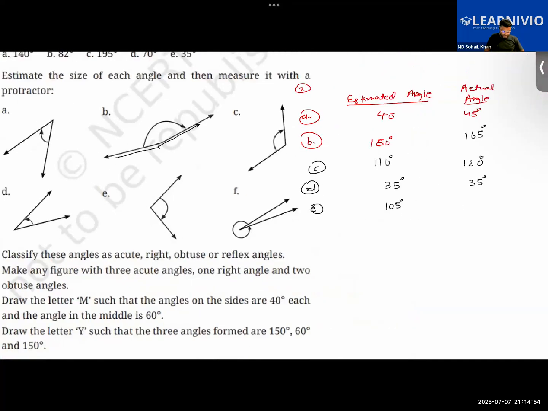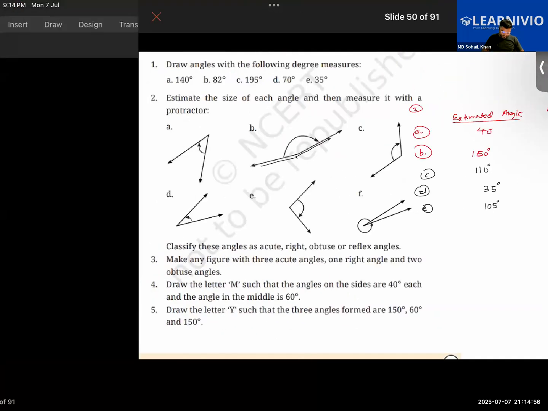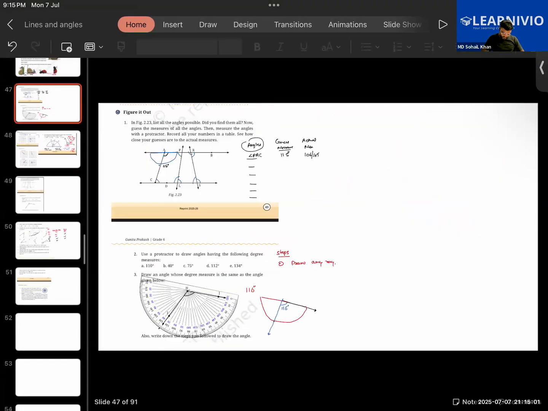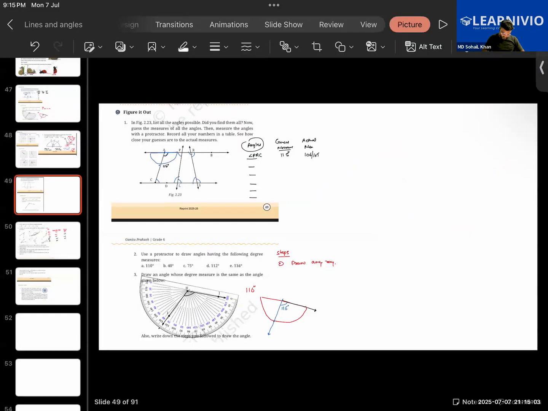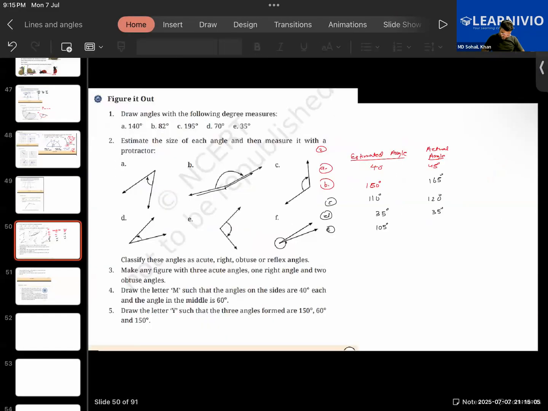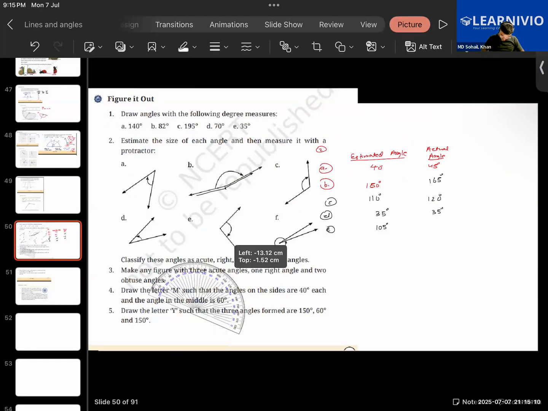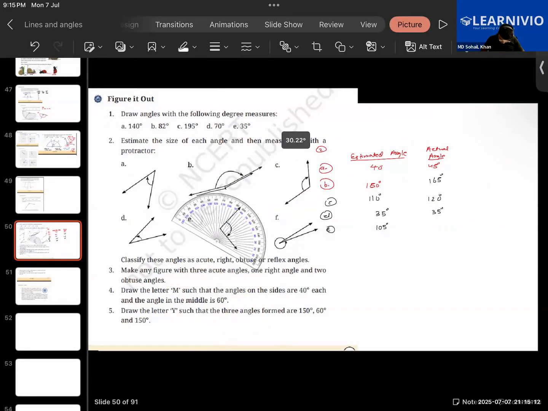Okay, let me also put the protractor over here. Sir, I'm getting 100. I'm getting 95. No, not 95. Hold on, let me just place it appropriately.